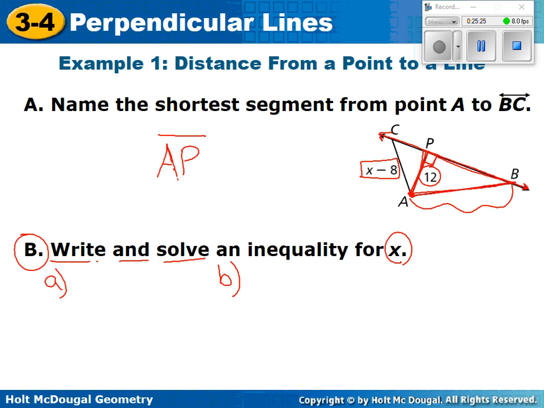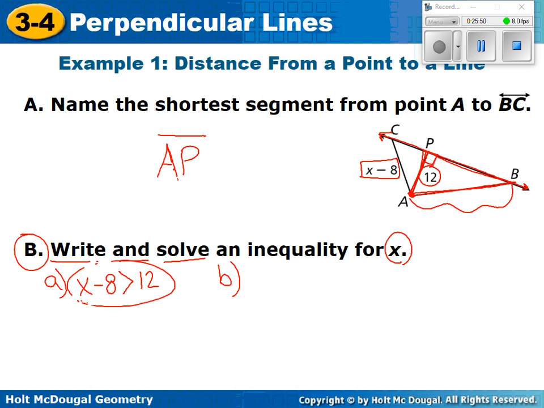It's greater, so our inequality would be x minus 8 is greater than 12. Pretty easy, right? Make sure you know how a greater than symbol looks compared to a less than symbol. Yes, the alligator eats the bigger one, so. All right, they said write, so make sure you write it, and then you're going to solve it, but this is part of your answer.